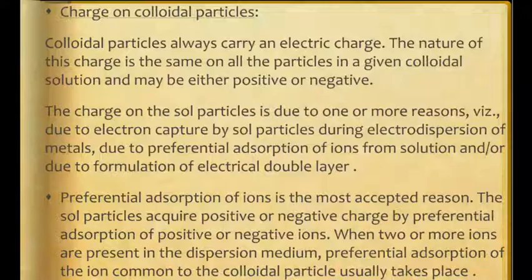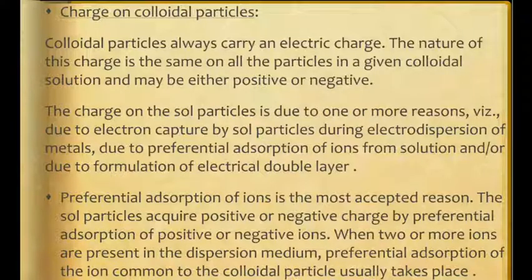Sometimes we find it difficult to understand how the same sol can be positive or can be negative. It all depends on the dispersion medium. Let's say I have taken silver nitrate and I am going to add it to the potassium iodide. So potassium iodide is the dispersion medium, and I will get silver iodide sol.